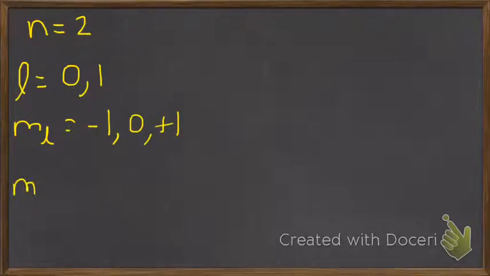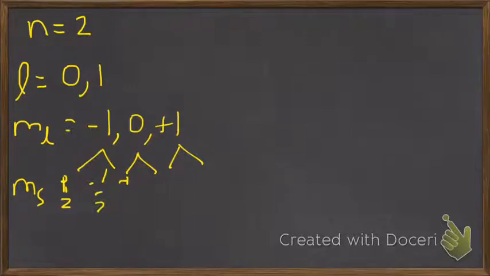And then for each one of these, the one that has a -1 can also have a plus 1/2 and a minus 1/2. 0 could have a plus 1/2 and a minus 1/2.